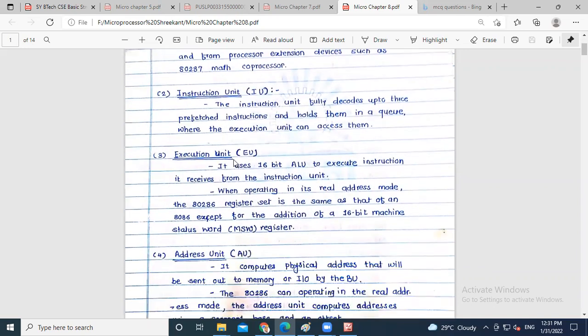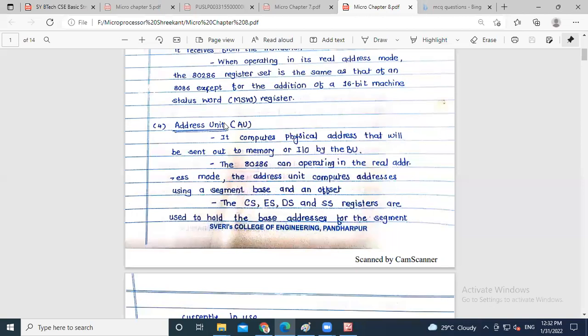The execution unit we also studied in the architecture of 8086. In that, there are general purpose registers A, B, C, D, right? Segments are there: code segment, data segment, stack segment, extra segment. In the real address mode, the register set is the same as that of the 8086. 90% of this obeys all the 8086 characteristics, rules and regulations. Only a few things are extra in this.